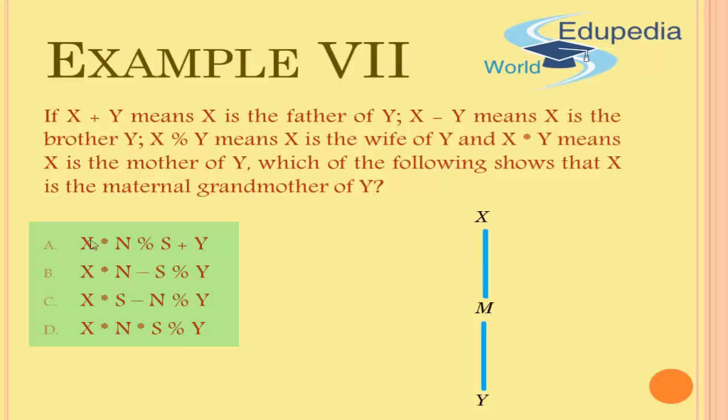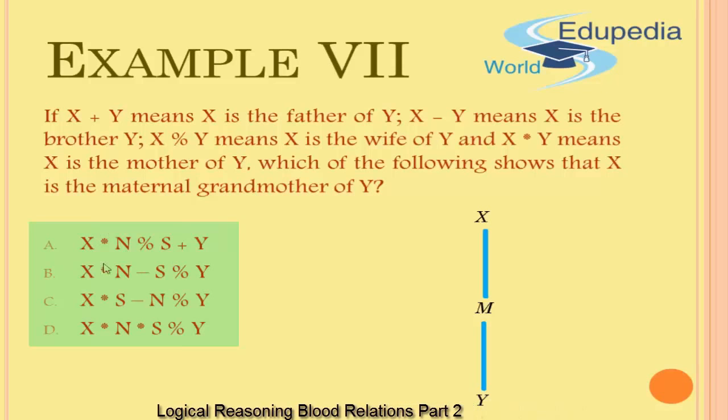So from x asterisk n I move down one generation, since x is the mother of n. N percentage s, I stayed in the same generation. N and s are husband and wife, n is s's wife, and s plus y, s is the father of y. So again I move down one generation. So I see that y is 2 generations below x, which matches my criteria.